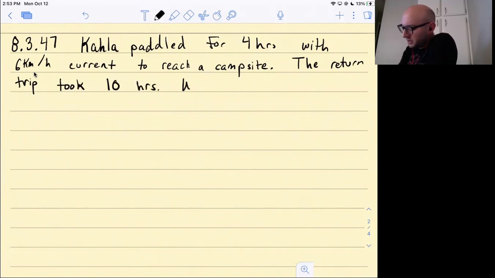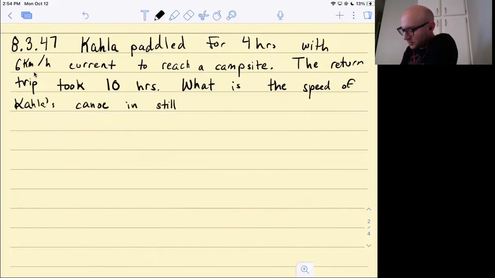What is the speed of Kayla's canoe in still water?